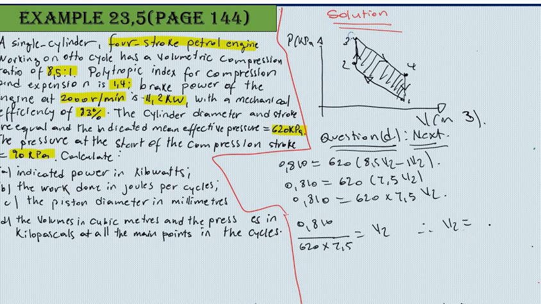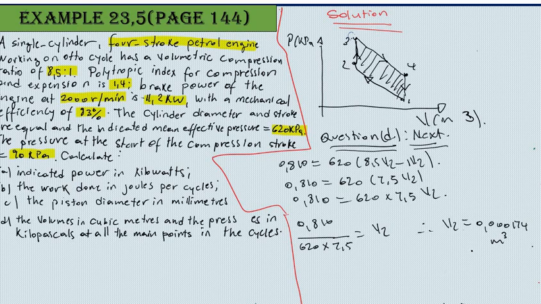So V2 is 0.0001748 cubic meter. So that is V2.